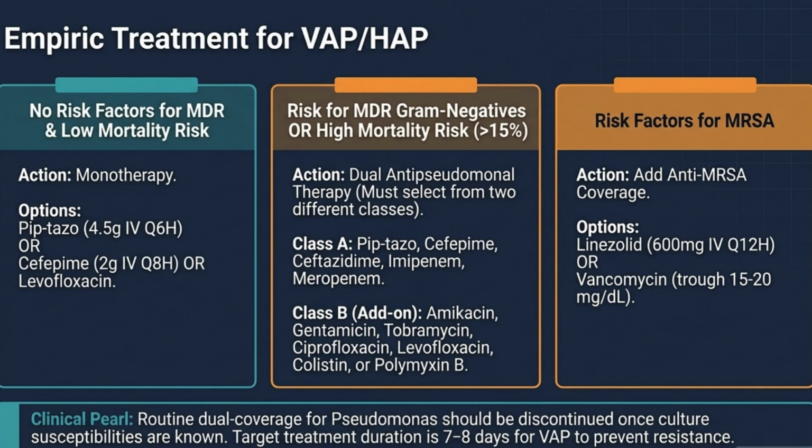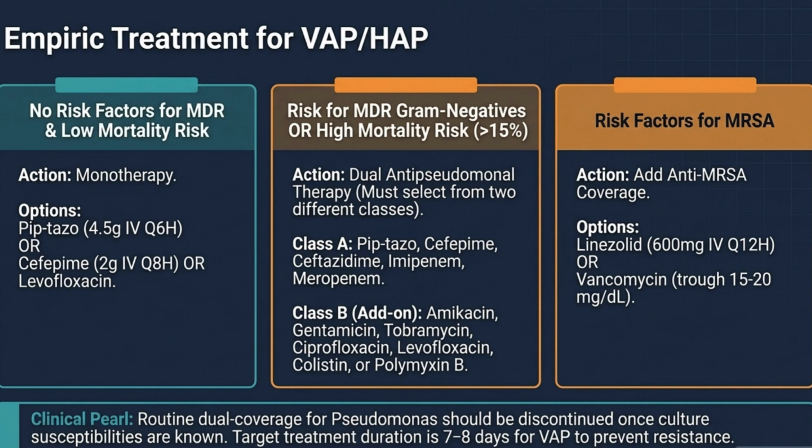Ventilator-associated pneumonia. It is a subset of nosocomial pneumonia specifically associated with mechanical ventilation via endotracheal intubation. It accounts for about 30% of nosocomial cases and develops in about 10% of ventilated ICU patients.